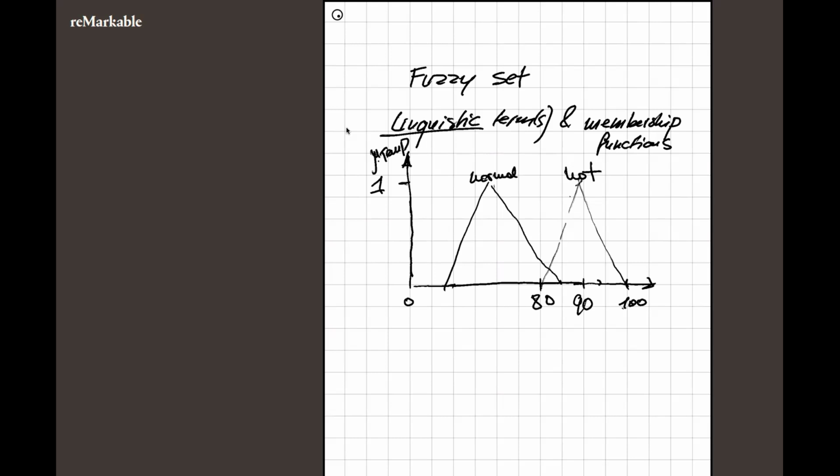So we talked about these membership functions that could be different, and they should reflect the phenomena that you try to capture.